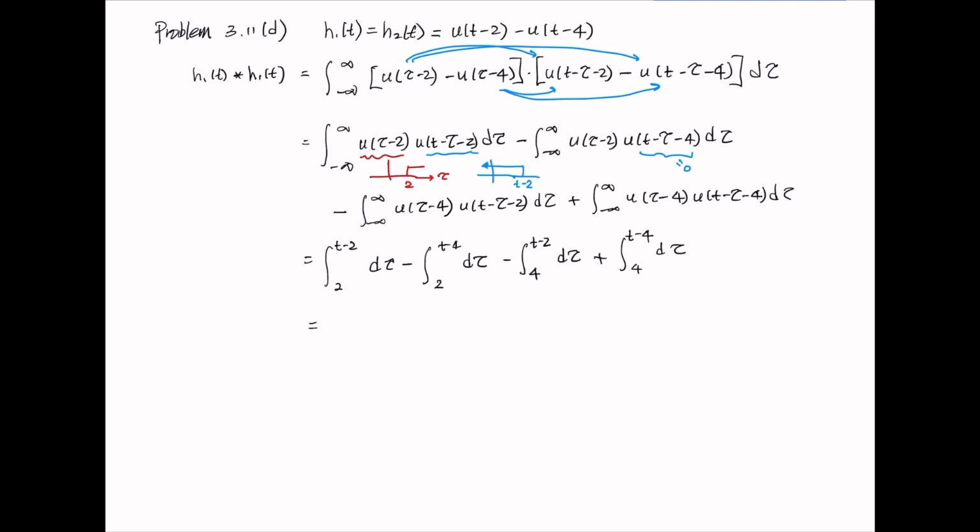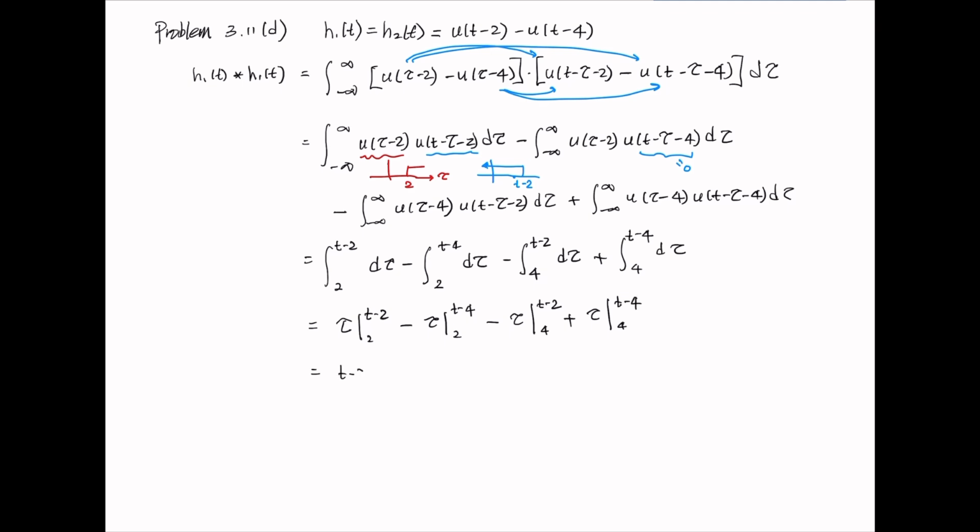If you take the integral of all of this, tau goes from 2 to t minus 2, minus tau going from 2 to t minus 4, minus tau going from 4 to t minus 2, plus tau going from 4 to t minus 4.